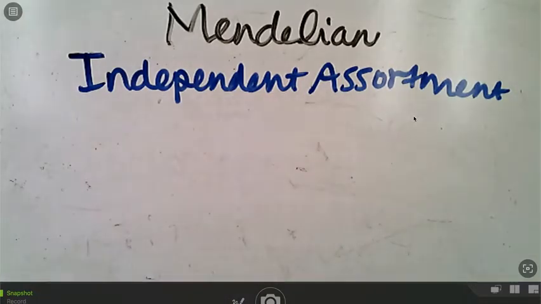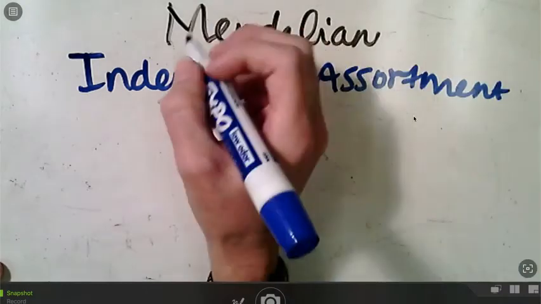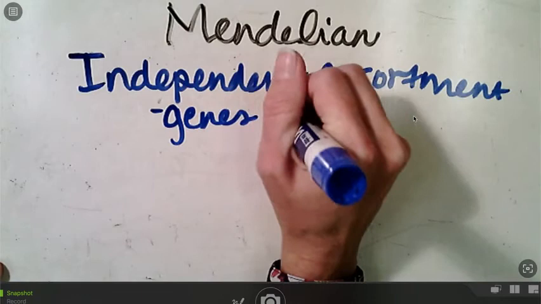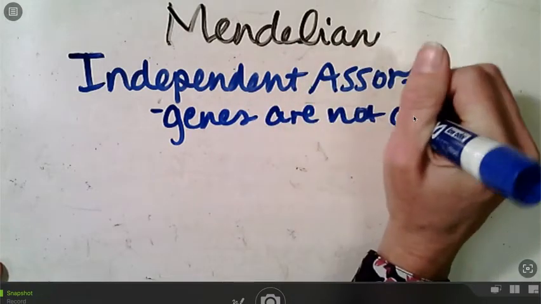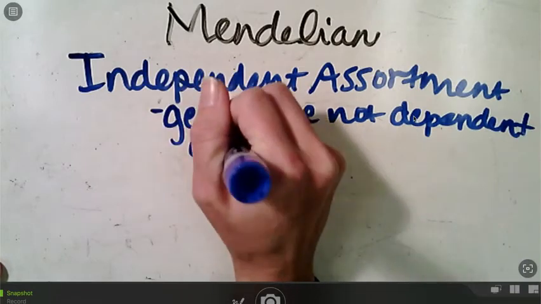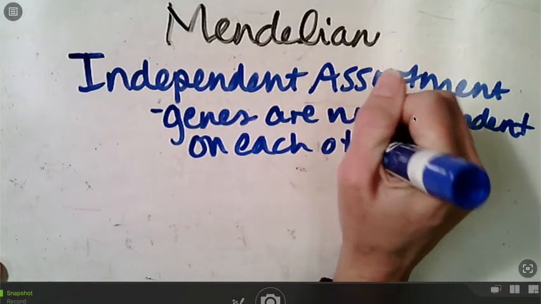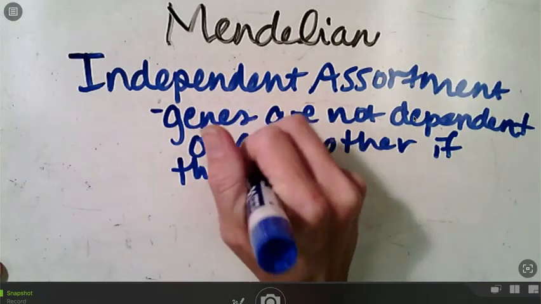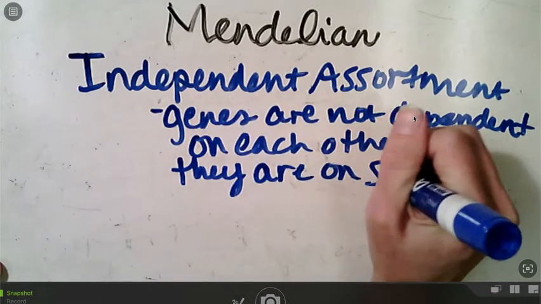They're assorted independently of each other. So independent assortment means the genes are not dependent on each other, if they are on separate chromosomes.